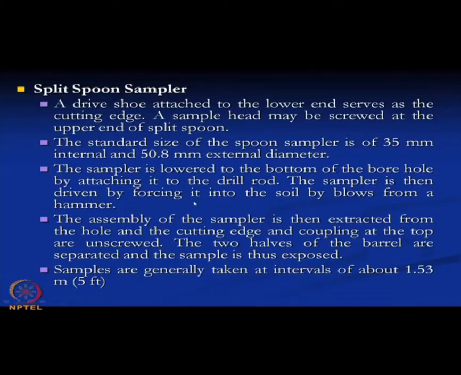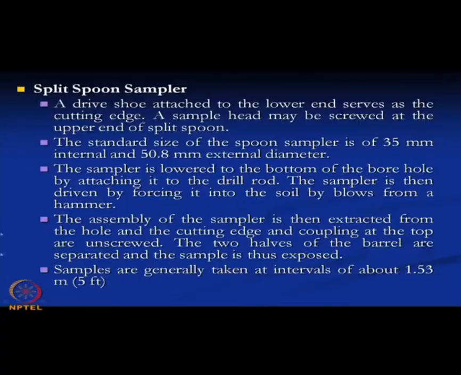So, the sampler is attached to the drill rod, and the sampler is placed at the required depth. Then the hammer is applied on the drill rod, so that the sampler tube is pushed into the soil.